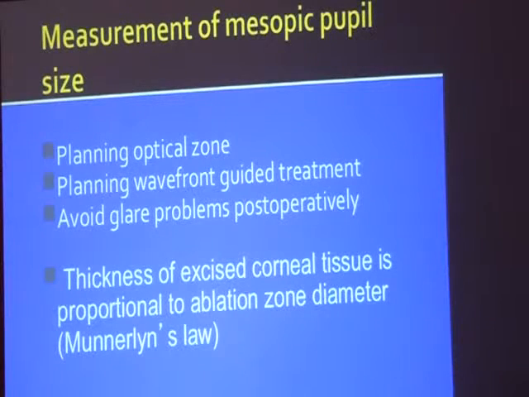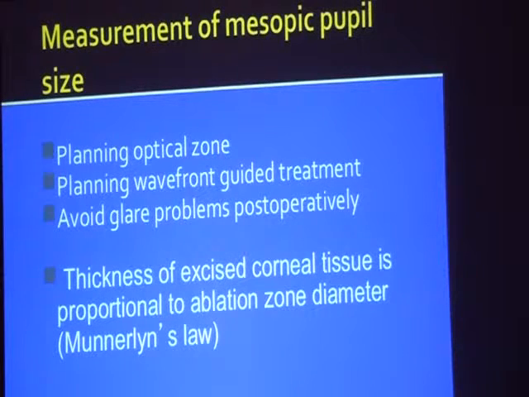Otherwise these patients are going to have a lot of night glare and light symptoms. The other thing is that if you want to do a wavefront guided treatment and the patient has a large pupillary size, it is usually difficult to get very reproducible RMS values of the wavefront analysis. So for these patients maybe you should avoid wavefront guided treatments per se.